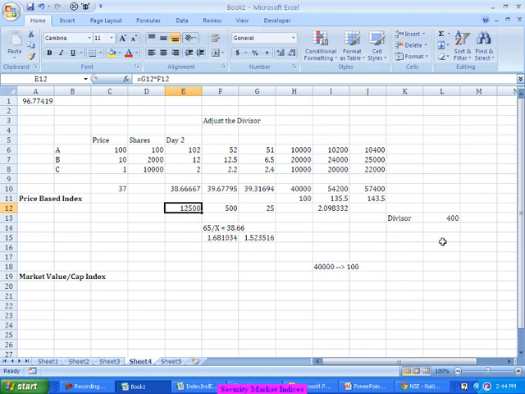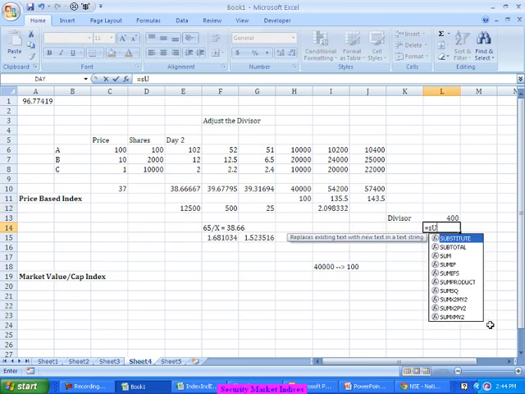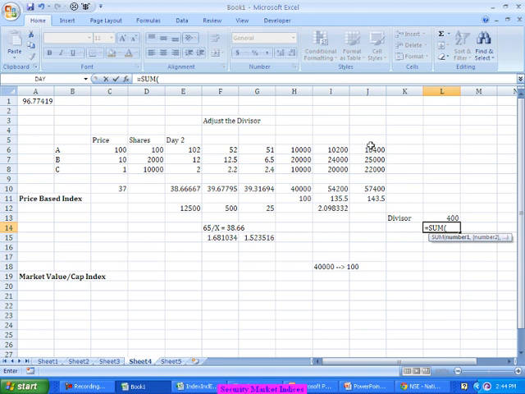So what will be my new divisor? My new divisor will not be 400 anymore. My new divisor will be the sum of these two plus 12,500, divided by 143.5, which will come out as 333.79.